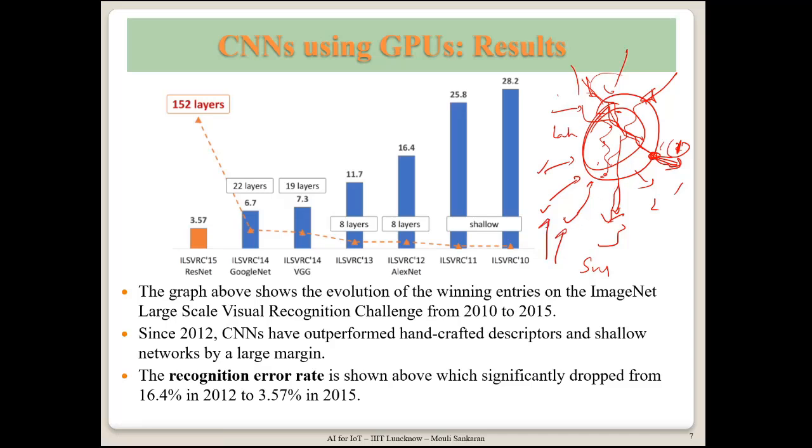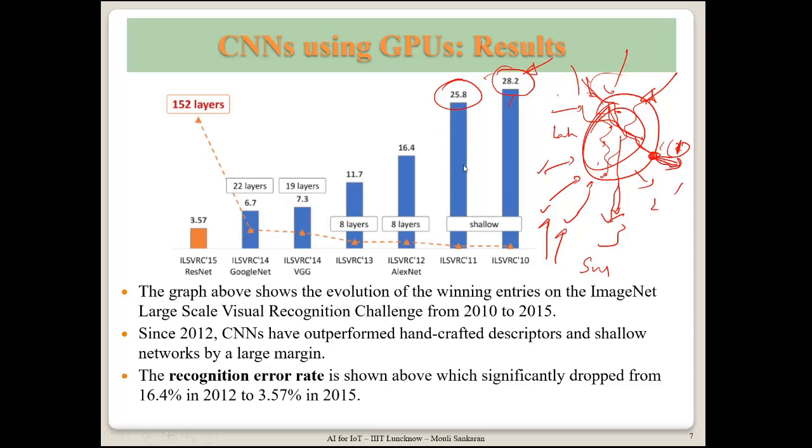So it's a new image, and we want to see what the network is trying to say. In that case, when you feed unknown images, 28.2% of the time it was recognizing wrongly.